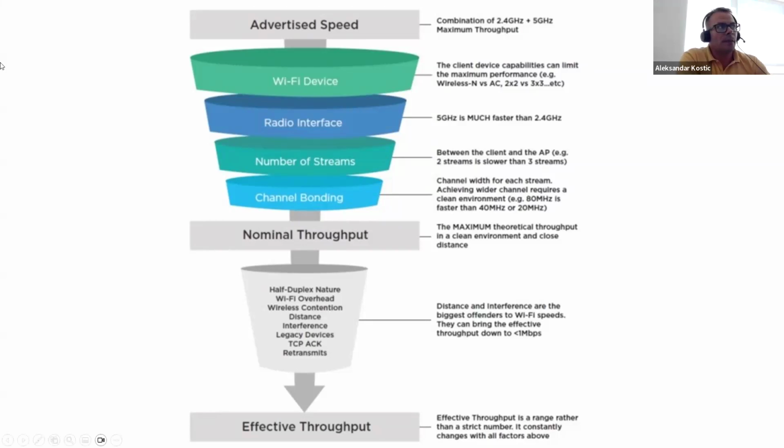First of all, it is up to the limitation of the end device. If my access point supports Wi-Fi 6 and the 802.11ax protocol, that doesn't necessarily mean that my end device supports that. Maybe my end device simply doesn't recognize that protocol and cannot push those speeds.